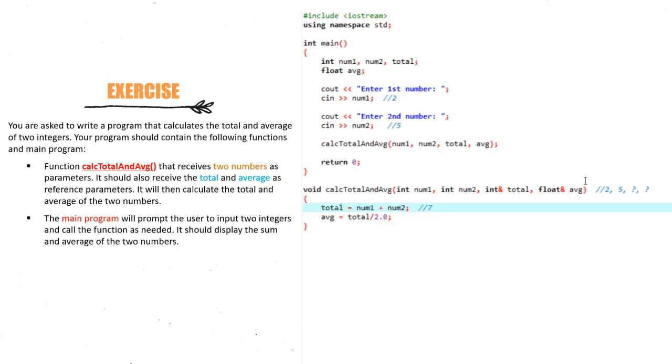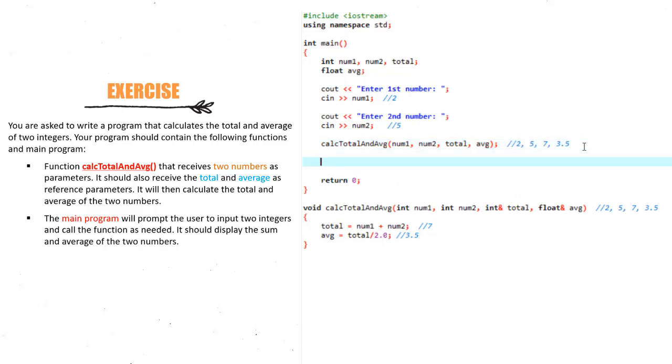Automatically total here will be 7, and the total in main as well. Then average equals total divided by 2, so 7 divided by 2 is 3.5. Automatically this will be added here, and the average in the main program will also be updated.